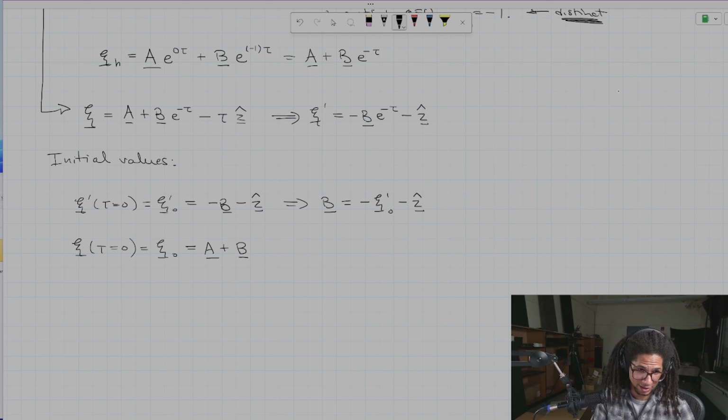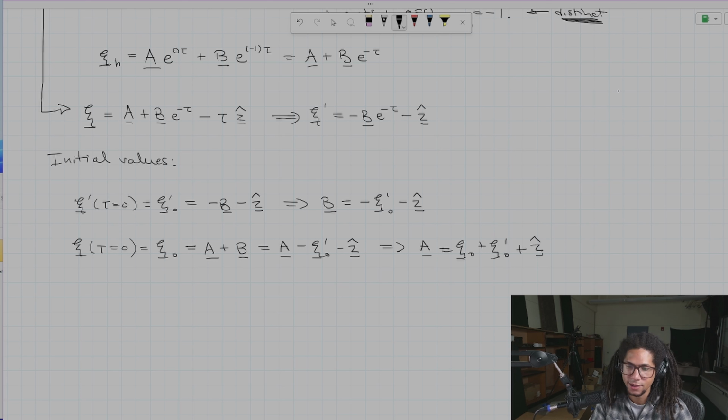But that means that I don't need to add anything. Wonderful. Now we'll stick in what we know B to be. So that's minus C naught prime minus z hat. Good. And this allows us to solve for A. A is going to be equal to C naught plus C naught prime plus z hat.